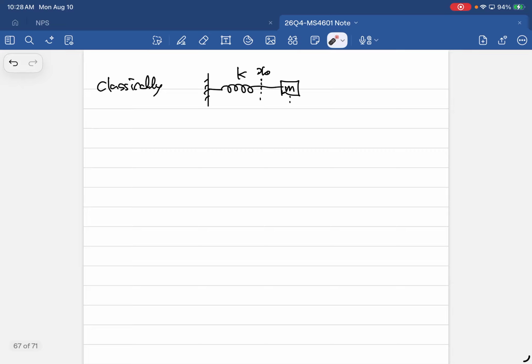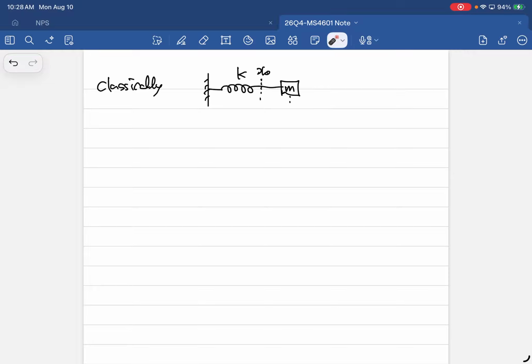So classically, this is essentially how it is described. Initially the mass was located at x naught, but now we are extending it further, and then we let go, and it will oscillate.